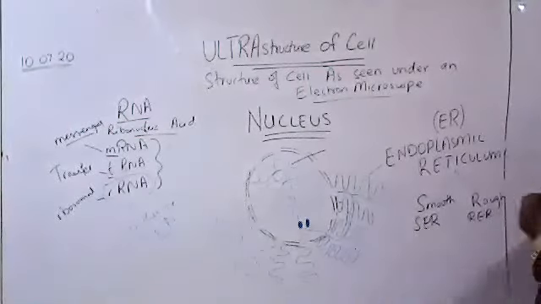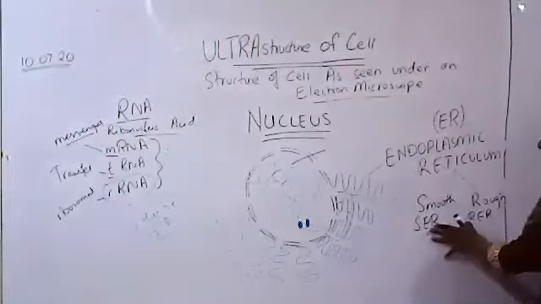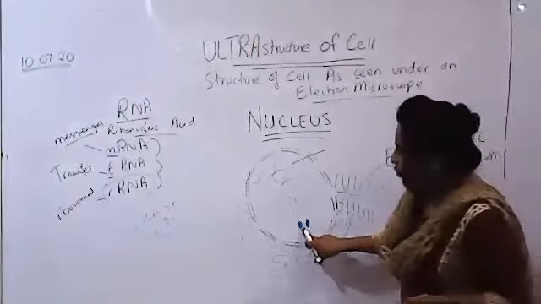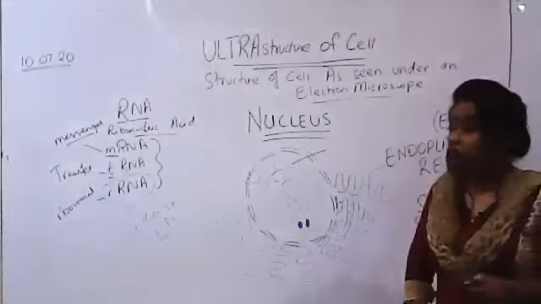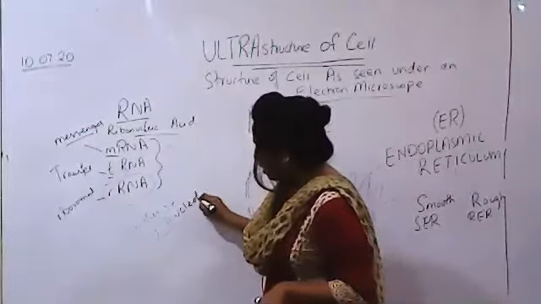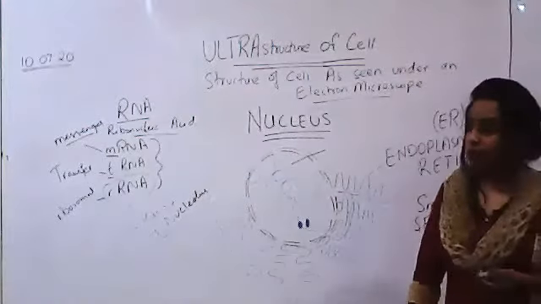Okay. So, what is the difference between smooth and rough ER? I told you that nucleolus makes what? Ribosomal RNA, right? This is synthesized by the nucleolus.